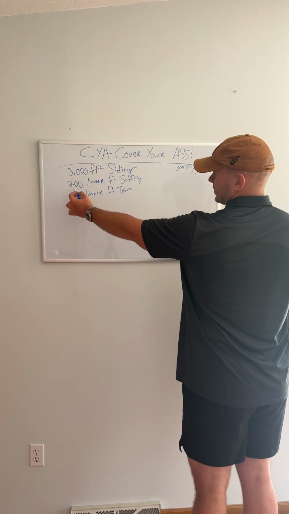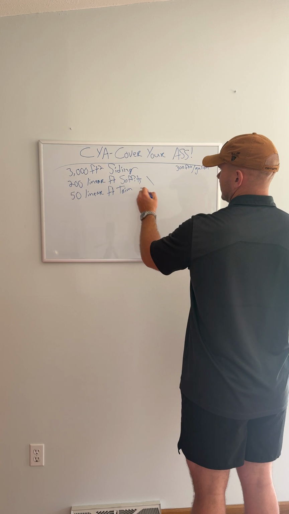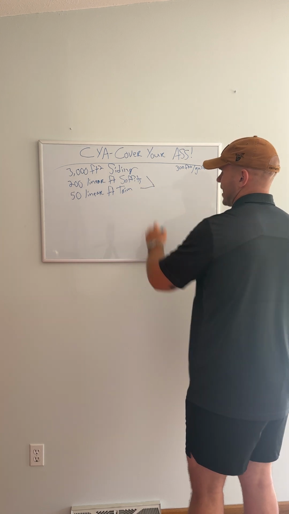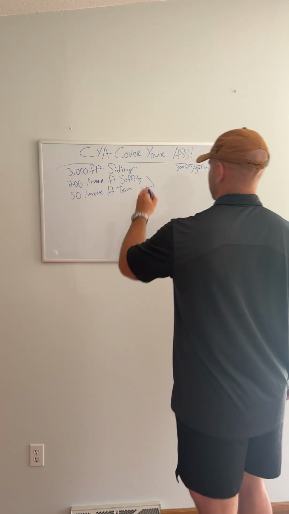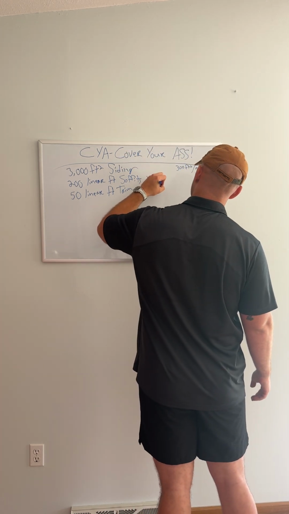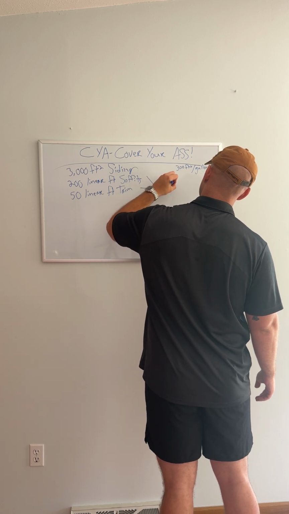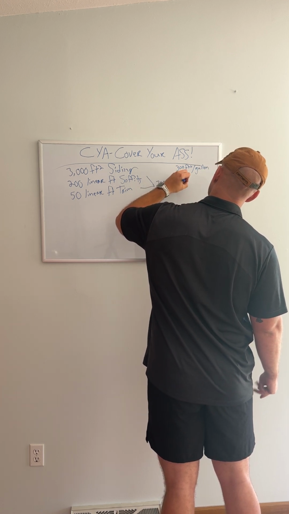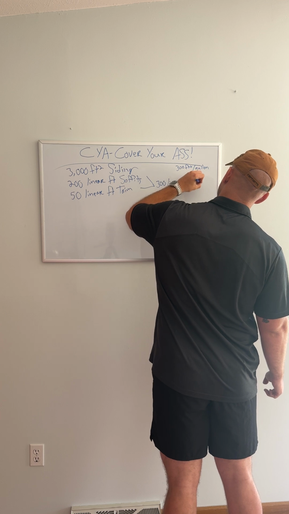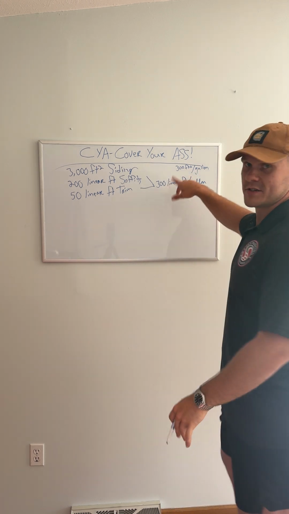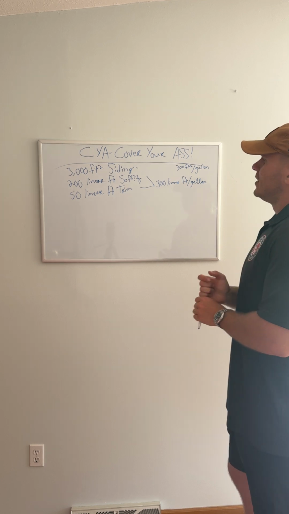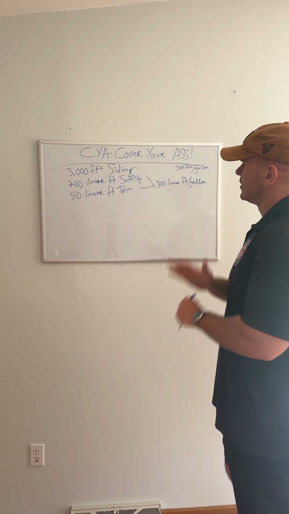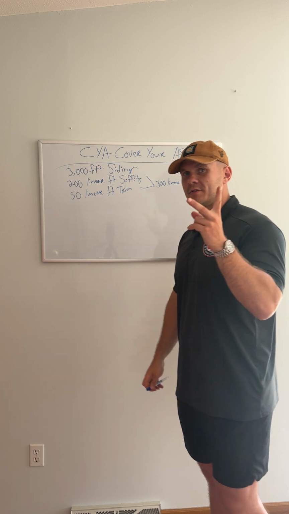So with trim, both soffits and trim, unless the soffits are abnormally wide, generally soffits are 1 to 2 feet, so for soffits and trim, we also get 300 linear feet per gallon. And what you'll find is linear feet and square footage is the same thing, right? It's just spread rate.